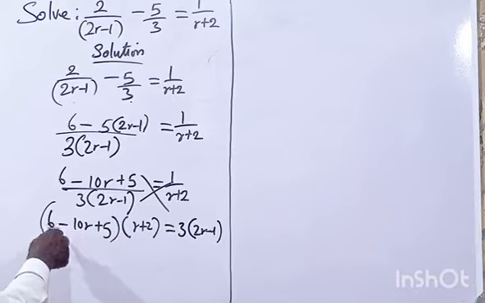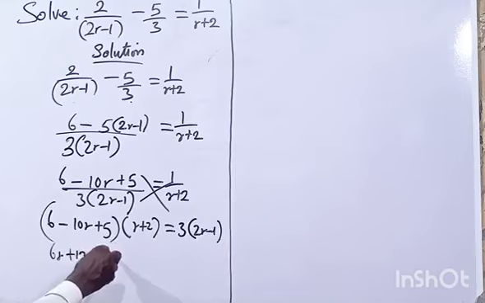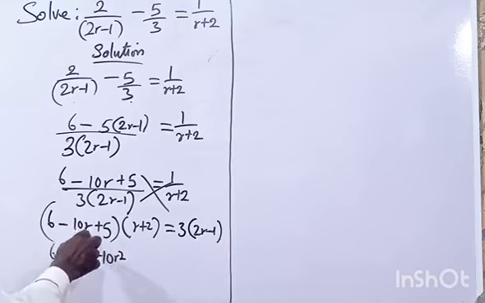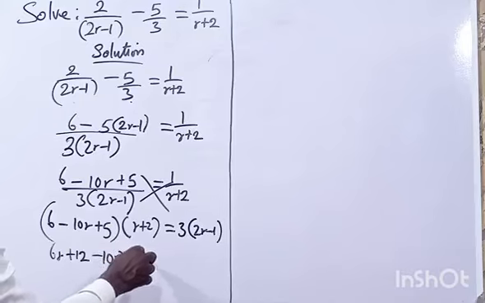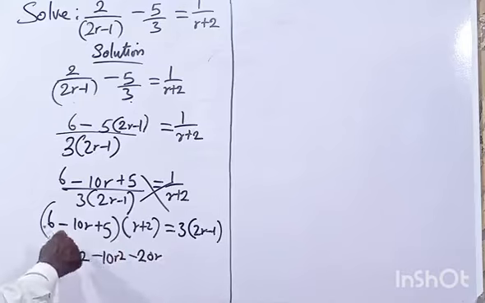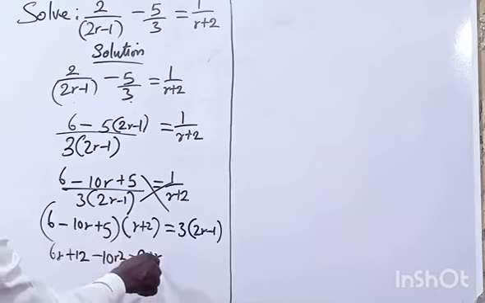Then 6 times 2 is 12, plus 12. Continue, we have minus 10x. Minus 10x times x will be minus 10x squared. Then minus 10x times 2 will be minus 20x. Notice minus 10x times 2 is minus 20x.